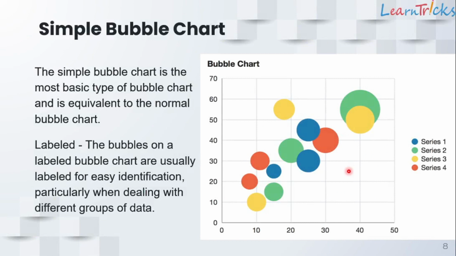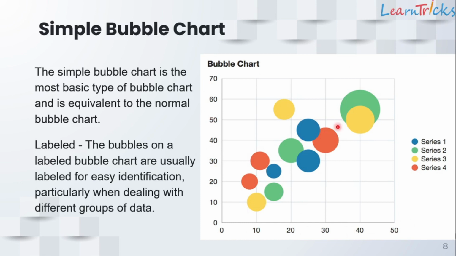So the first one is the simple bubble chart. The simple bubble chart is the most basic type of bubble chart and is equivalent to the normal bubble chart. Now the figure shows a simple bubble chart. Here is our x-axis, which has the values 0 to 50, and this is our y-axis, which has the values 0 to 70.